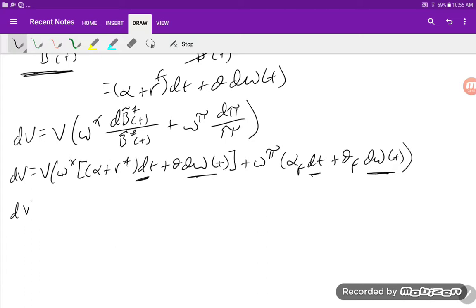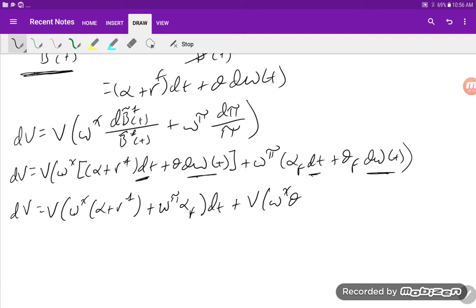So we're going to have that dV is equal to V times the weight of the underlying times alpha plus r_f plus the weight of the claim times alpha subscript f, dt plus, so I kind of split this up, you know, the V's, weight of the underlying times volatility of the underlying plus the weight of the claim times sigma subscript f, dWt.